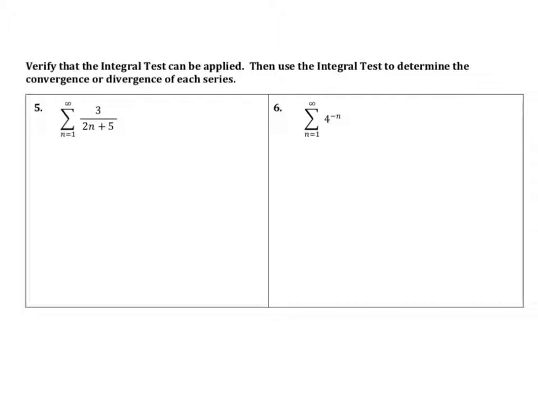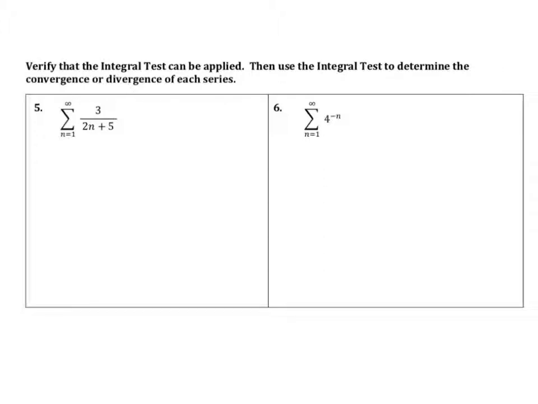All right, I know this says verify by the integral test, and you're not ever asked to use a specific test. We could verify that this is positive, continuous, and decreasing.